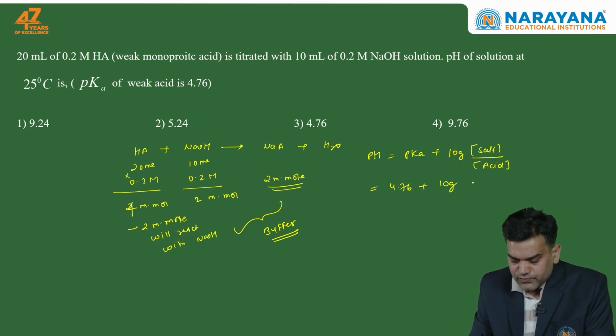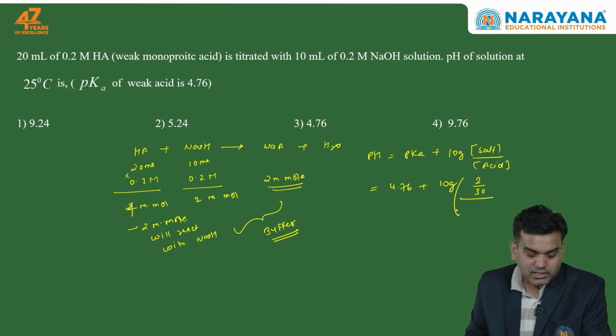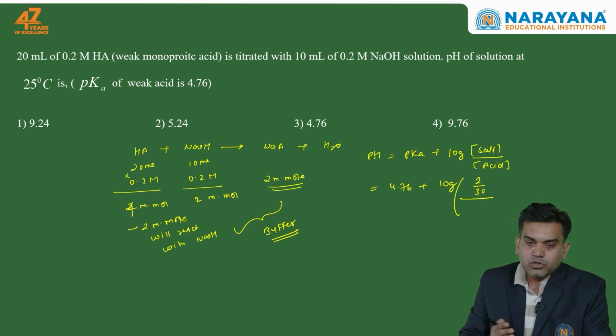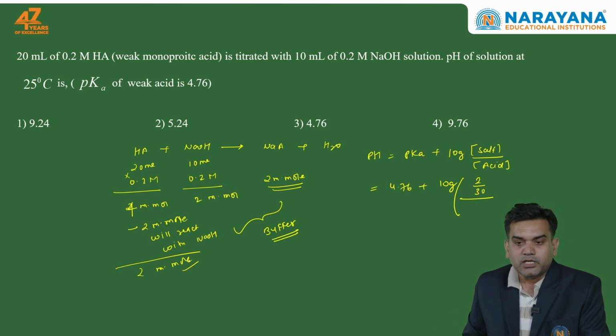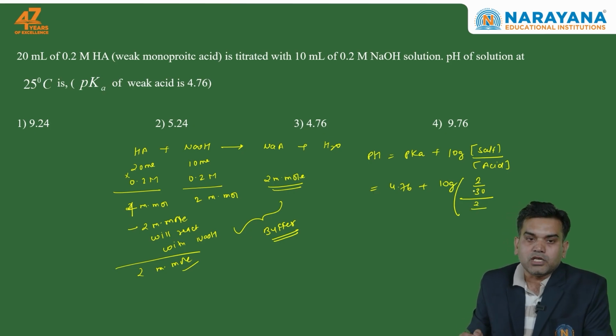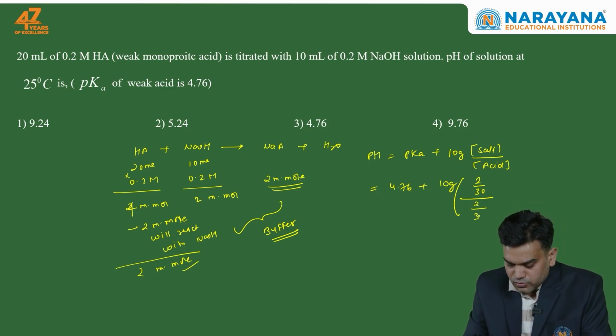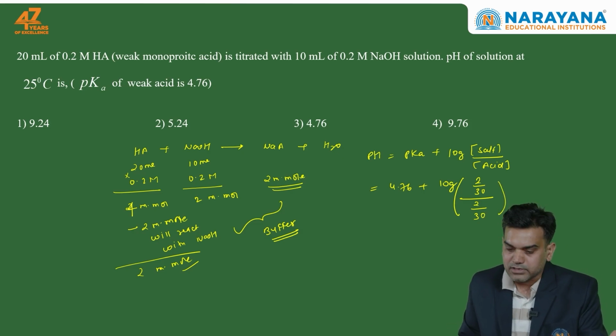So the concentration of salt is 2 by 30, divided by the concentration of acid. Out of 4 millimoles, 2 millimoles has reacted, so the amount of acid remaining is 2 millimoles. The total volume after mixing will be 30 for both of them, so the concentration of salt and the acid are equal.